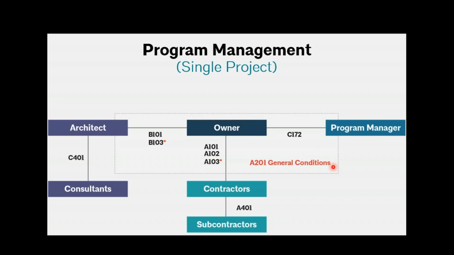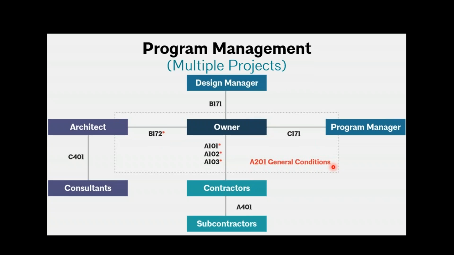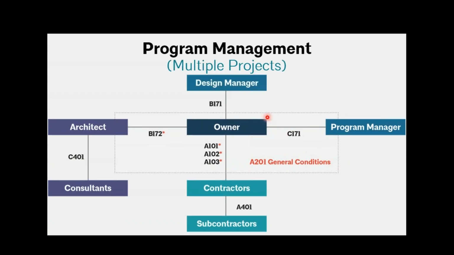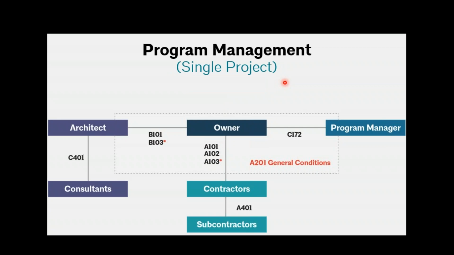And the same general conditions as well. So this is for a single project, and then you can see that we have for multiple projects. Very similar, just some slightly different agreements in each case, but this is if you had multiple projects, more than one, the owner could hire a design manager under this agreement, and then that design manager could be an architect, but you might have an architect of record.